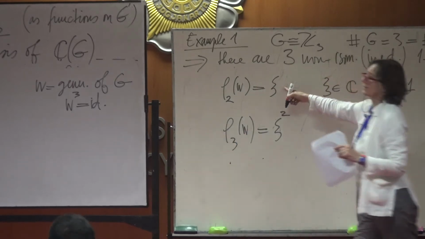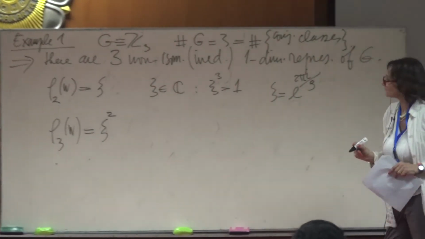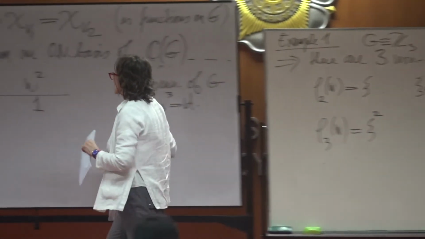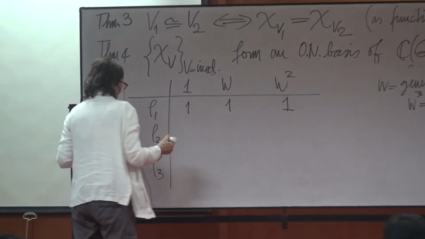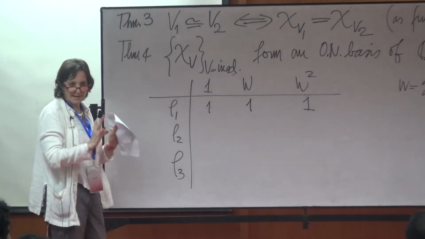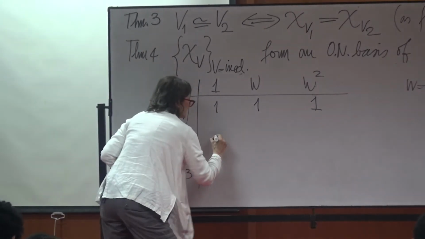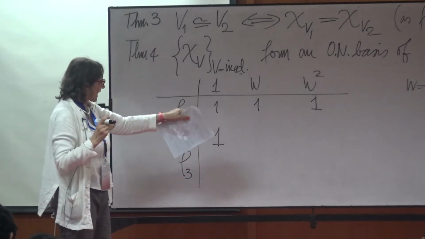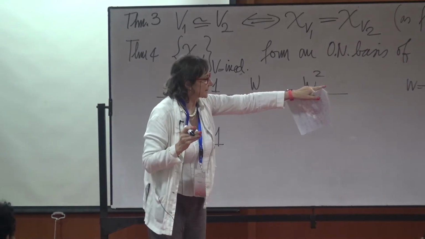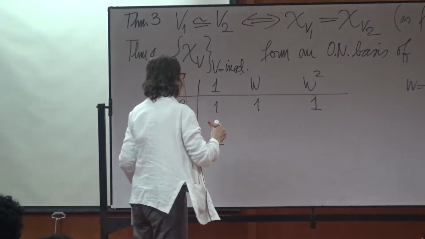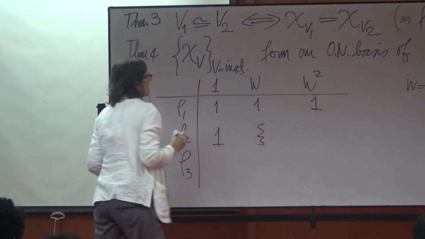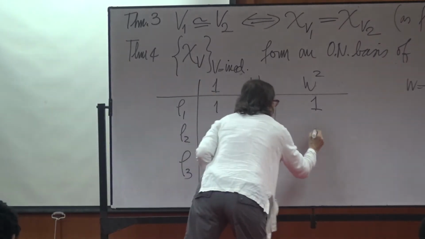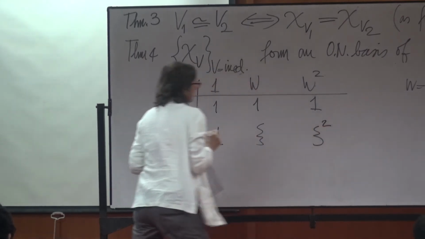We take the square of this element. So what does this mean? Rho 2, we said in the one-dimensional case, coincides with the character. So the character at 1 is always 1. On W, we just said that it is psi, and on W squared it is the square of psi, so psi squared, or Z squared.